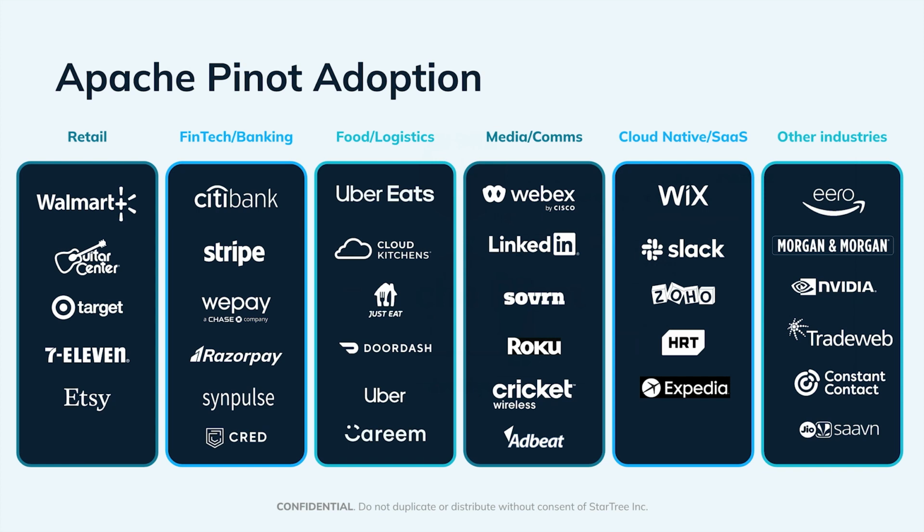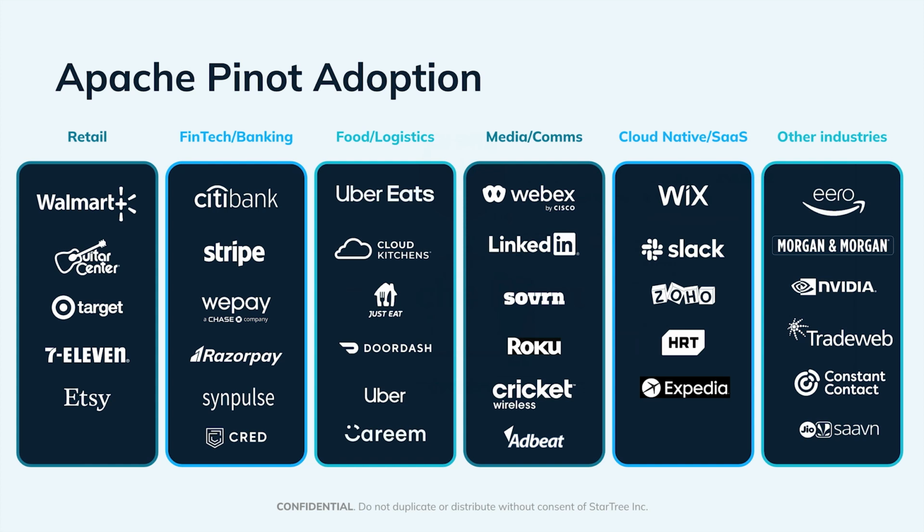In the last few years, we have seen a massive adoption amongst different companies across the globe, and in different segments. You have prominent names like Walmart, Target, 7-Eleven in the retail sector, Citibank, Stripe, VPay, and so on in the financial services industry.